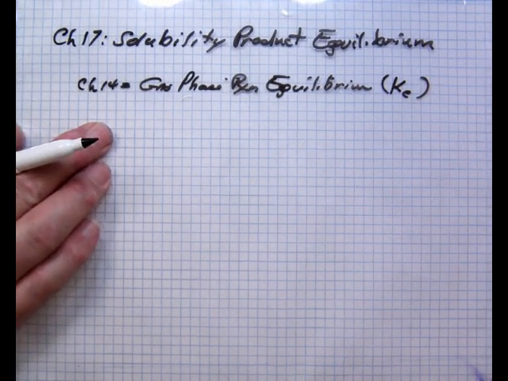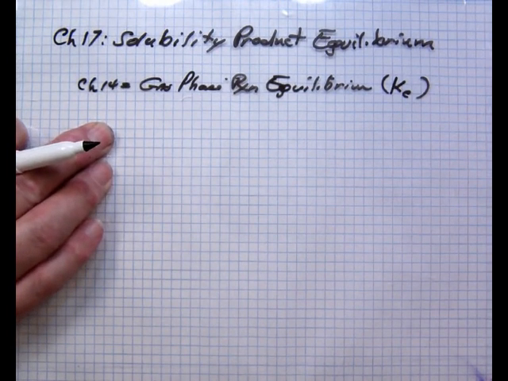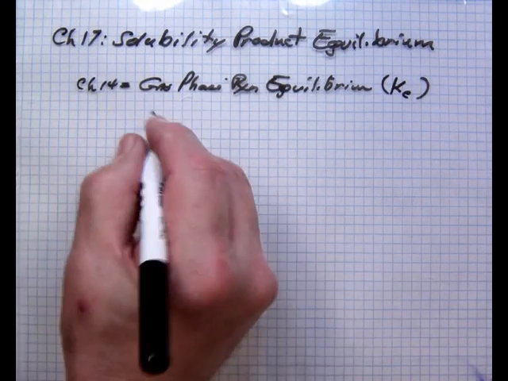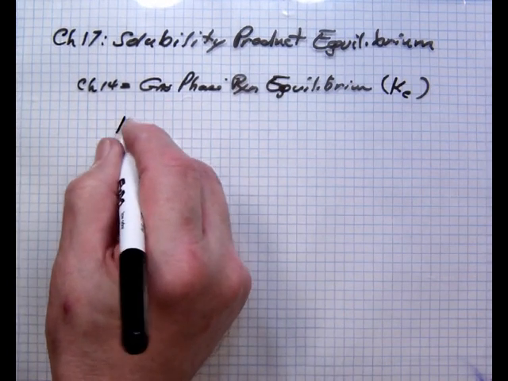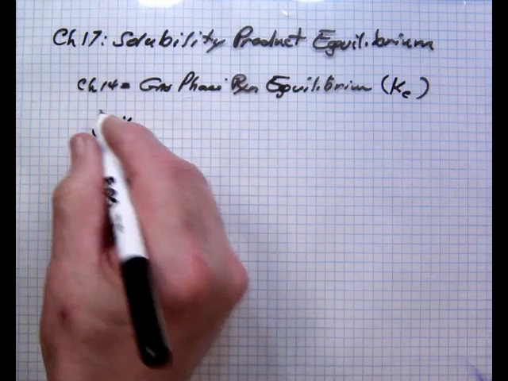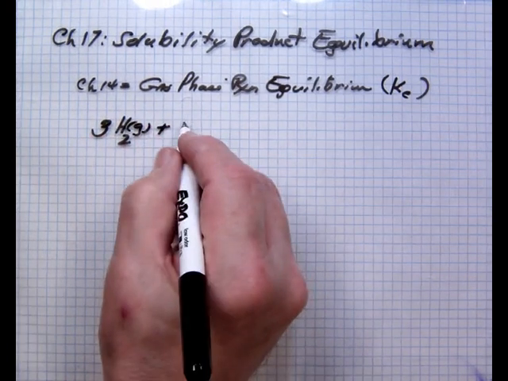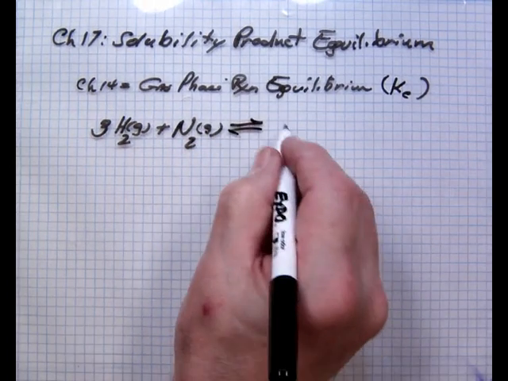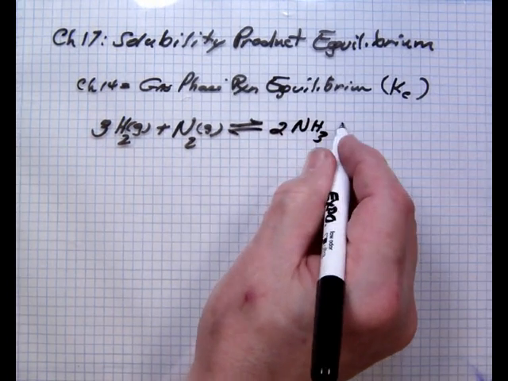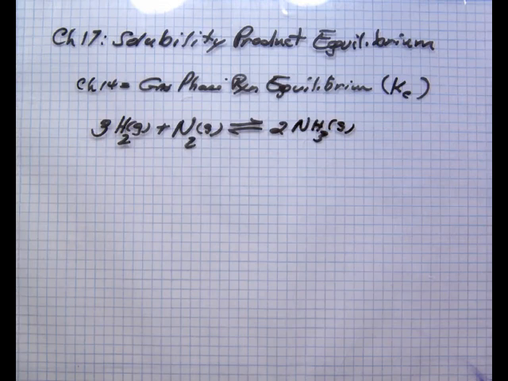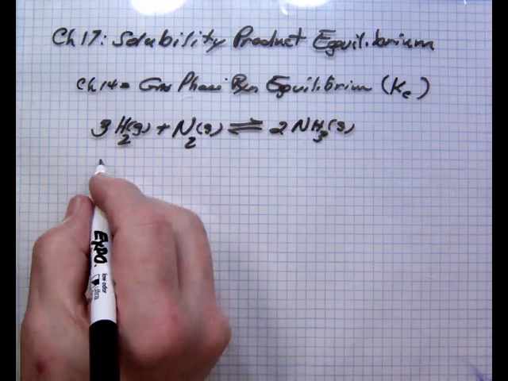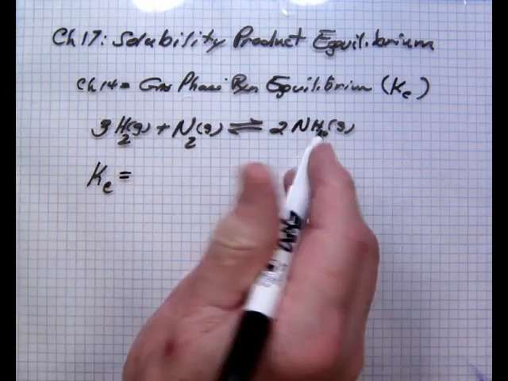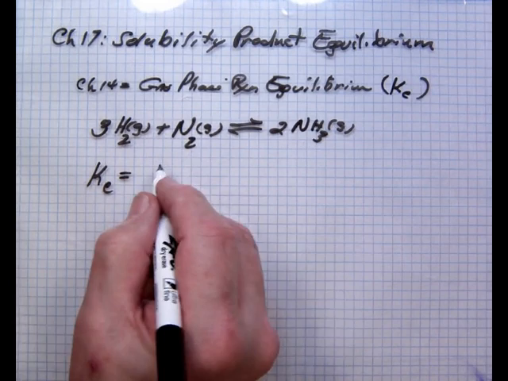And when you have a K value expression, it contains all of the components of the equilibrium, of the reaction. So in that chapter, when we wrote the equilibrium expression, it was products over the reactants, including all of them.